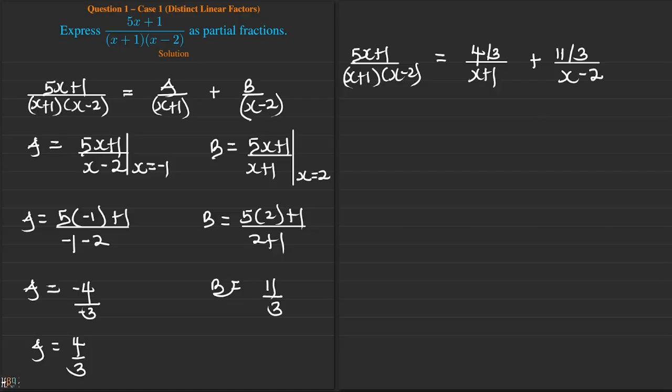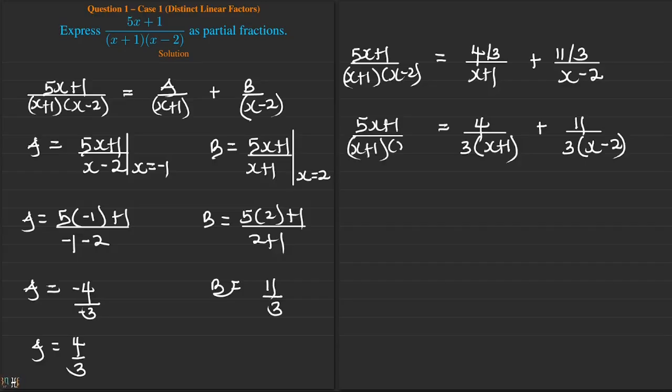Now, anytime you have a fraction of this form, we usually write it as, so the numerator of this fraction is going to be 4 over, then this denominator comes down, 3(x + 1). You see, you have plus 11 over 3(x - 2). And that is your partial fraction of (5x + 1) over (x + 1)(x - 2). This is what we have over here.